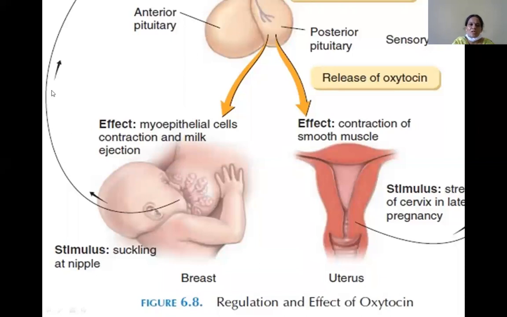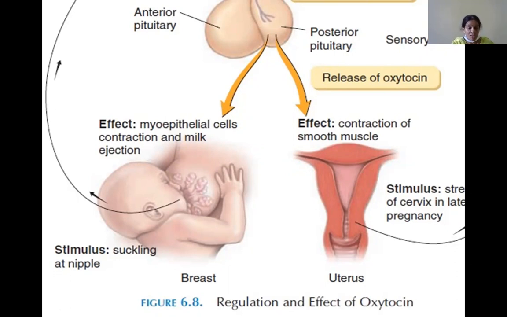So whenever this suckling reflex occurs, this inhibition will be released and will be gone, and that is how prolactin will be released into the bloodstream, and this facilitates the milk ejection. Two hormones are responsible for the milk ejection or the milk letdown reflex. One is oxytocin, the other one is prolactin.